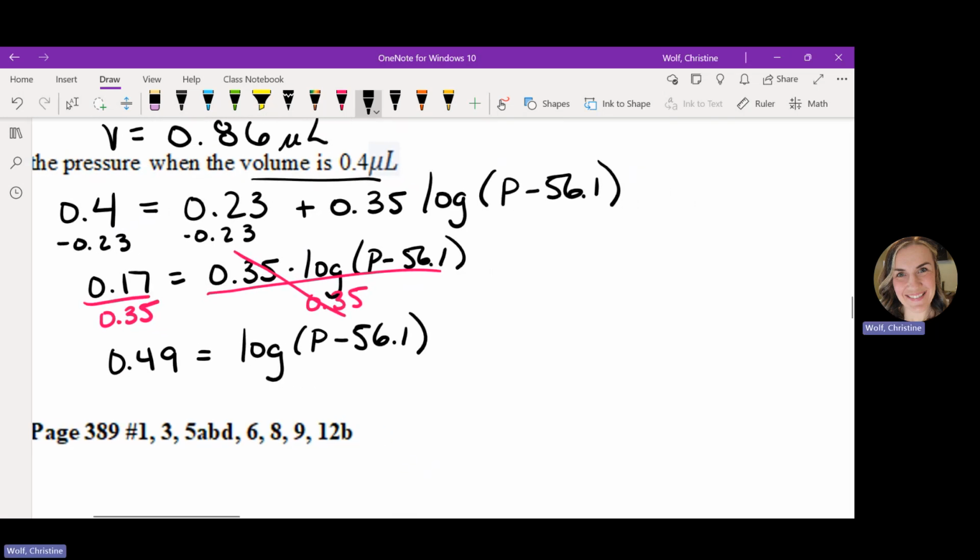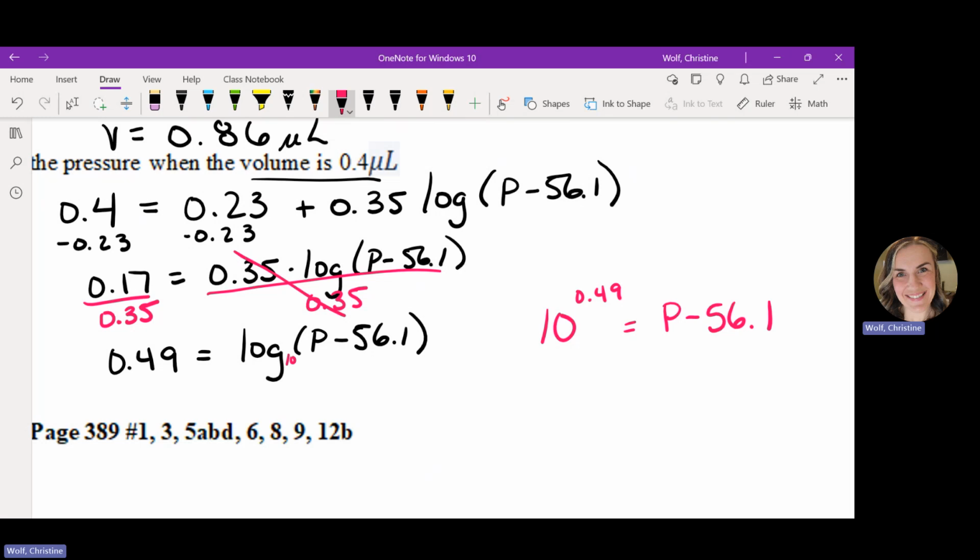So, calculator again. What this is actually telling you is 10, base 10, to the power of your answer. So 10 to the power of 0.49 is equal to your argument. So that's actually what I've got now. 10 to the power of your answer, or your exponent, equals your argument. So on your calculator, you will figure out what is 10 to the power of 0.49.